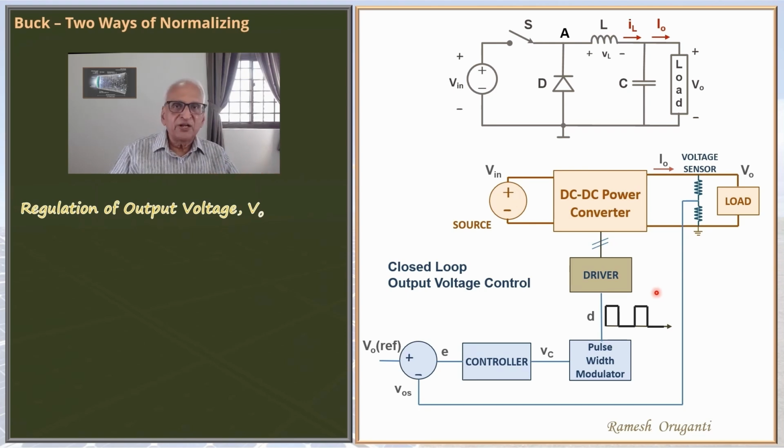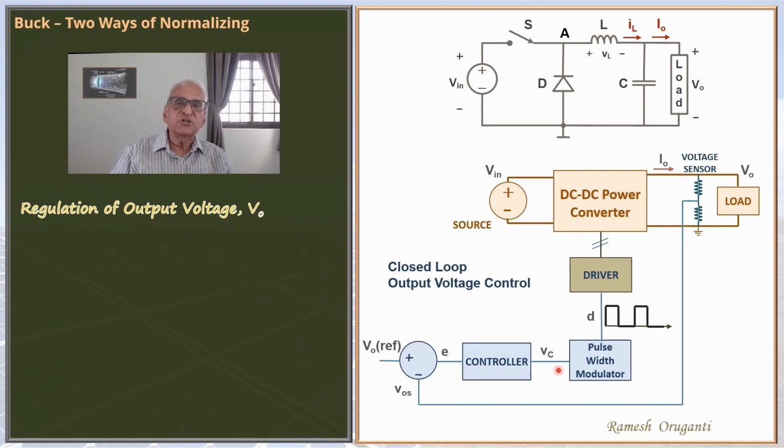Supposing this is operating and V0 goes above the output voltage desired, then VOS will go up. When VOS goes up, the error will come down, because the error is VO reference minus VOS. As the error comes down, the control voltage comes down.